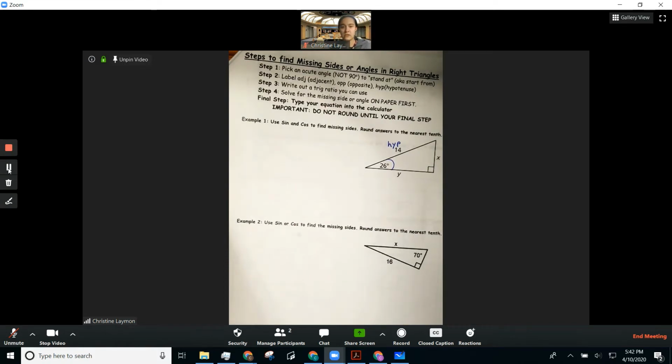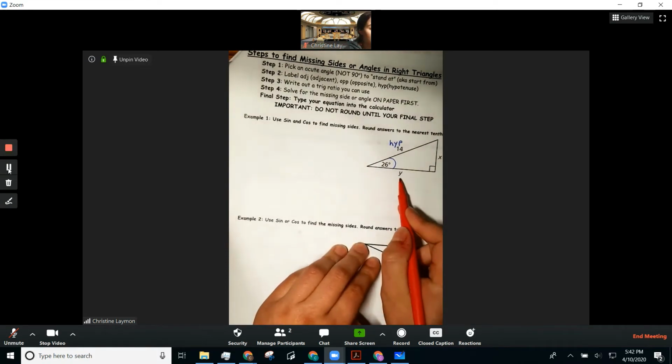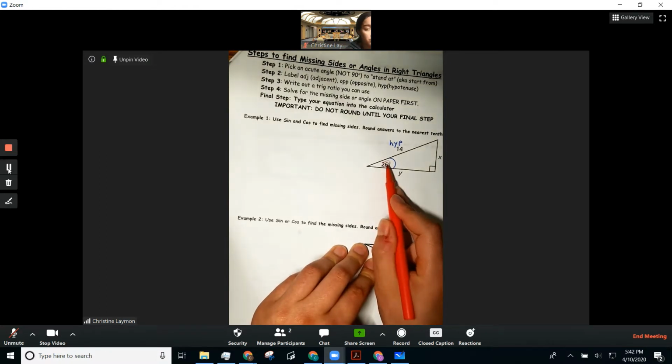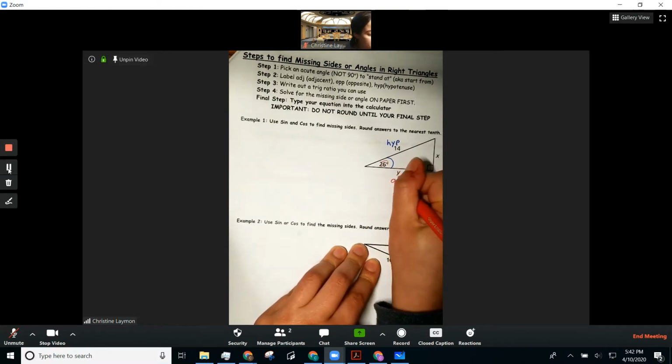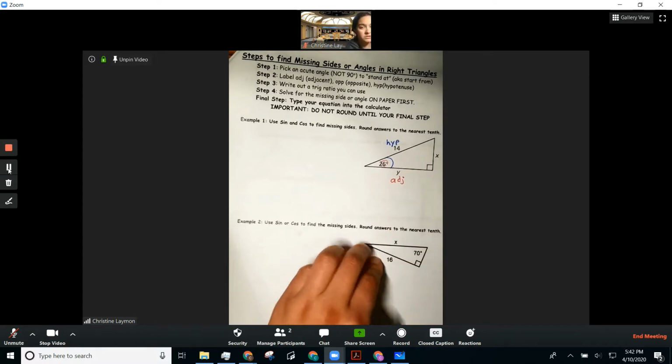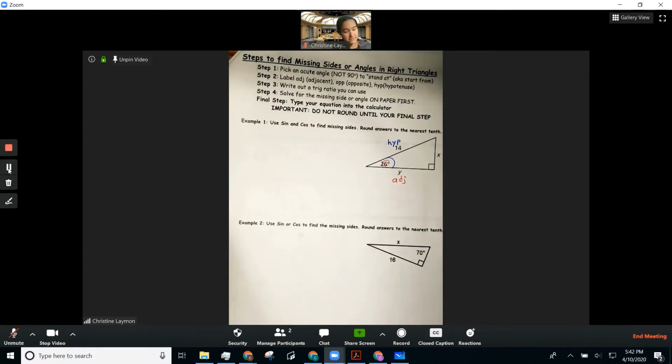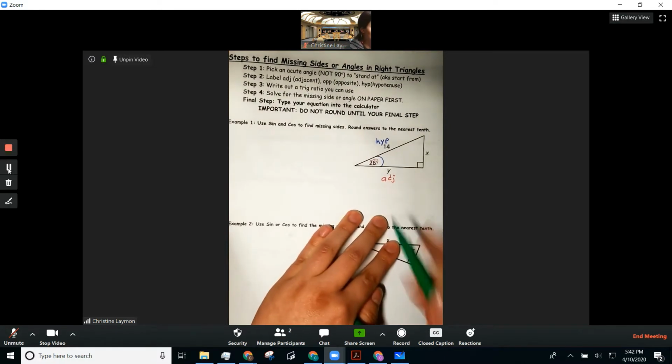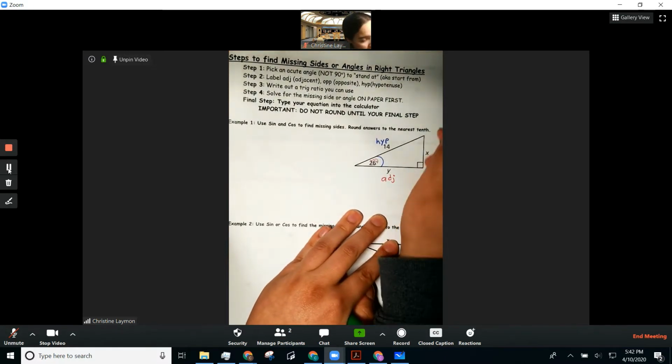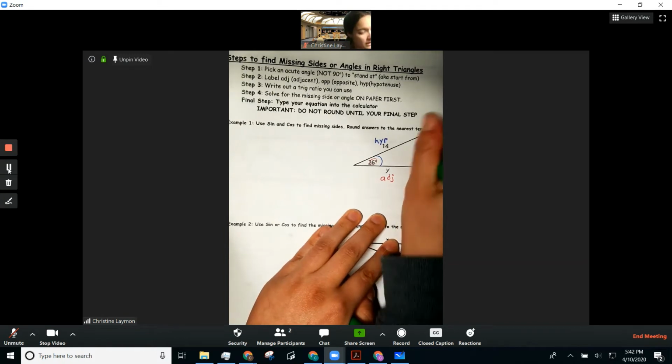I then notice that y is touching this angle. It is adjacent to it. So ADJ for adjacent. And when I go straight across to the opposite side, x must be my opposite.